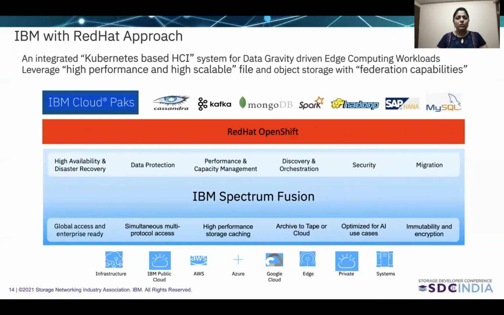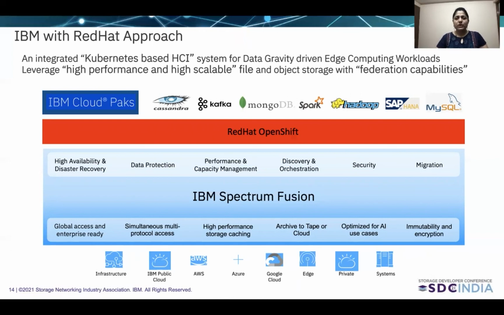This is an overview of IBM's approach for HCI along with Red Hat. This offering is called IBM Spectrum Fusion, which is an integrated Kubernetes-based HCI system, with Kubernetes provided by Red Hat OpenShift.